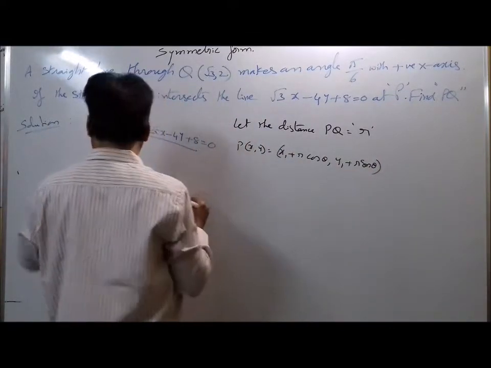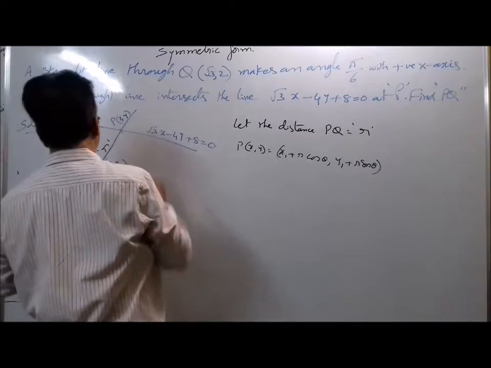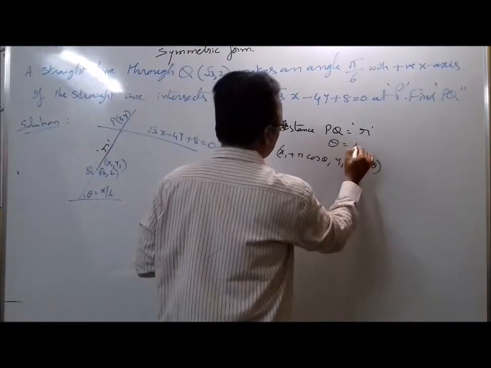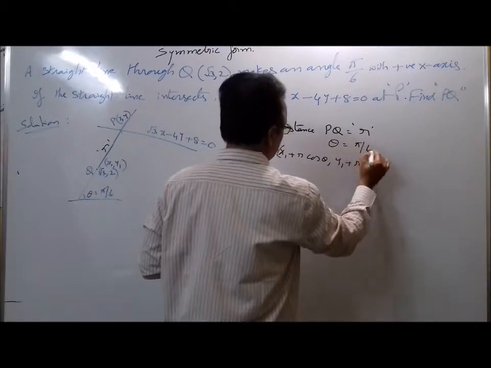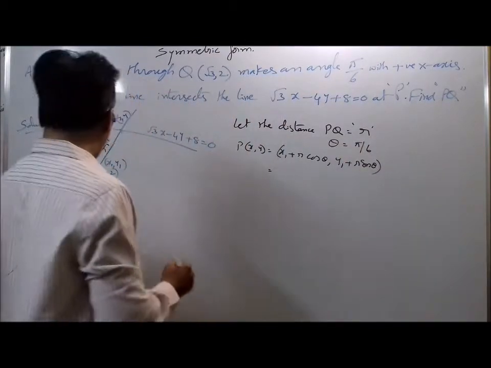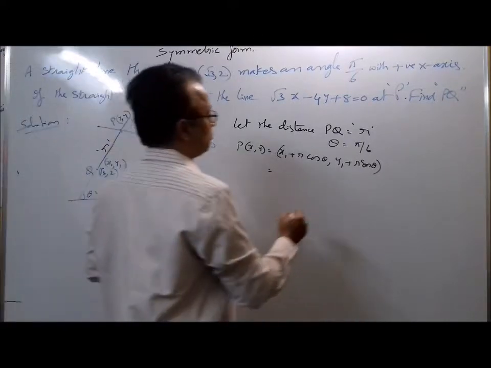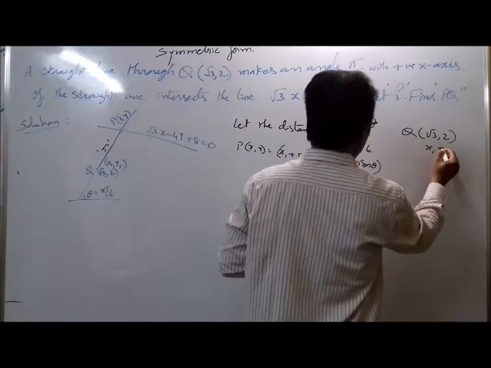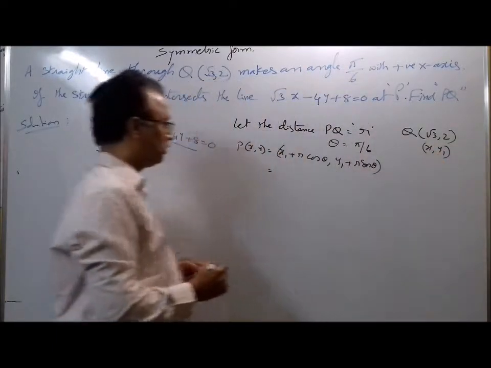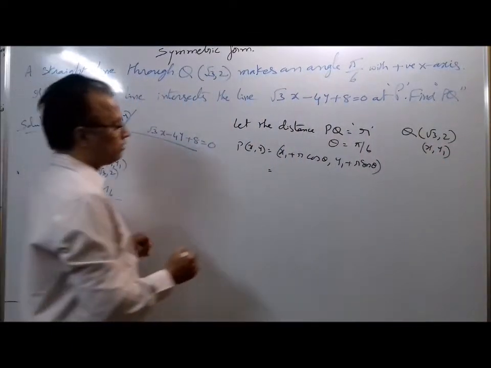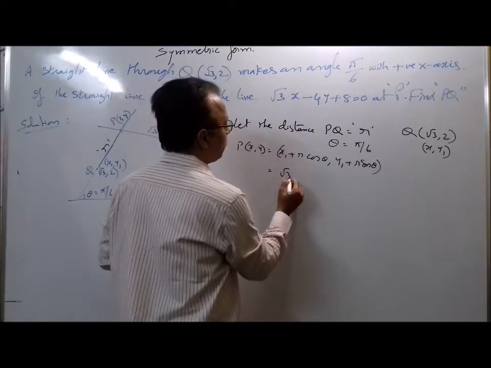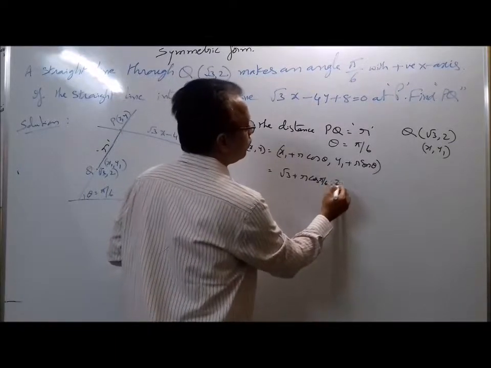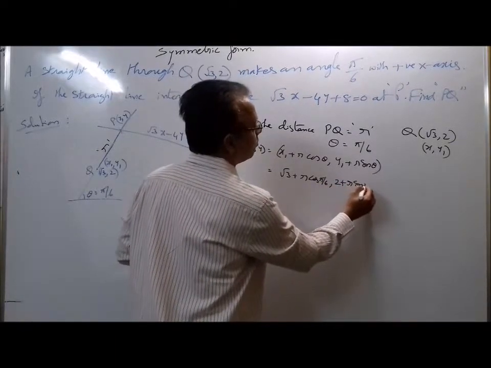Here r we don't know, theta we know. That is, theta is given as pi by 6. x1, y1 also we know: root 3 comma 2. Q (root 3, 2) is x1, y1. So substitute: root 3 plus r cos pi by 6, 2 plus r sin pi by 6.